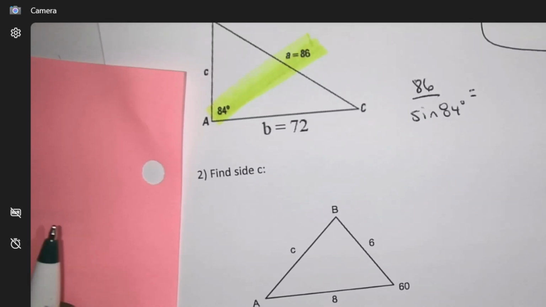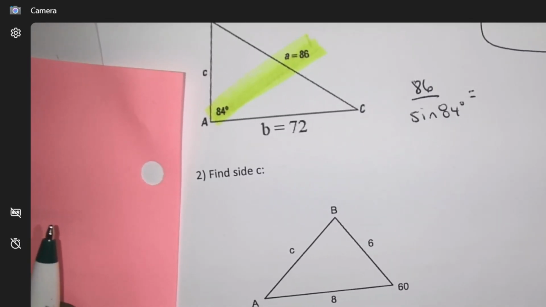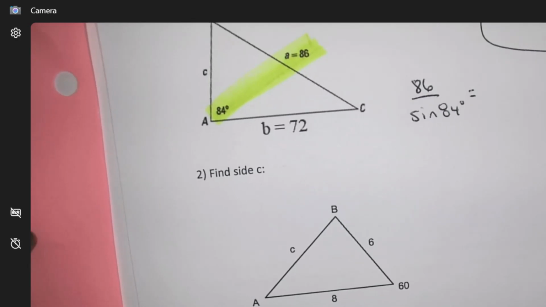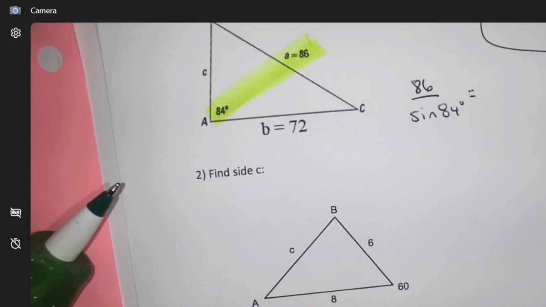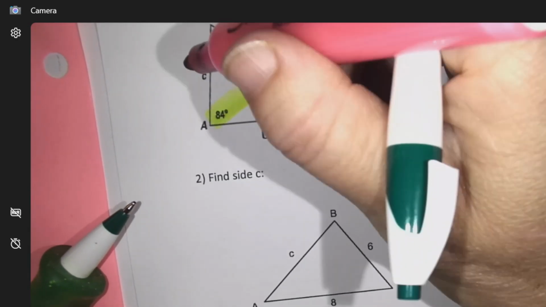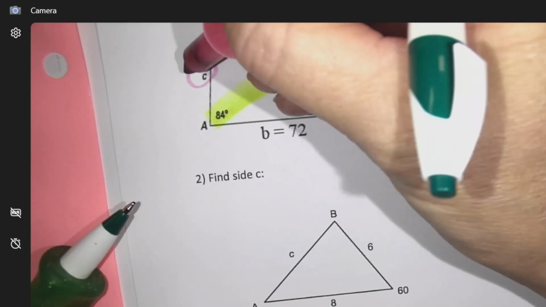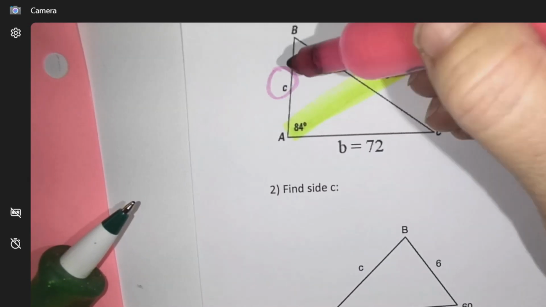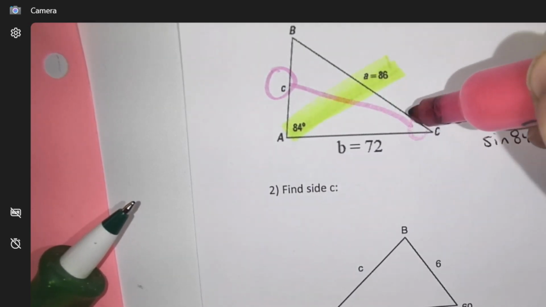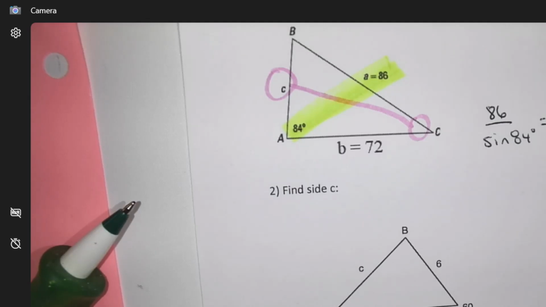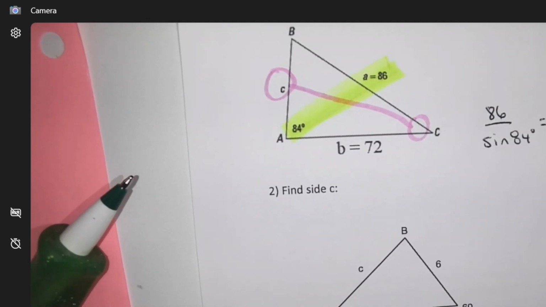Okay, and I need to find side C. So its partner is here. So that's not good. Can't use that. So what else should we do?